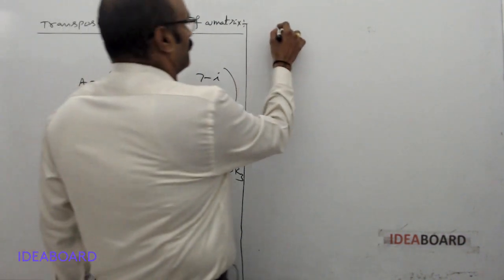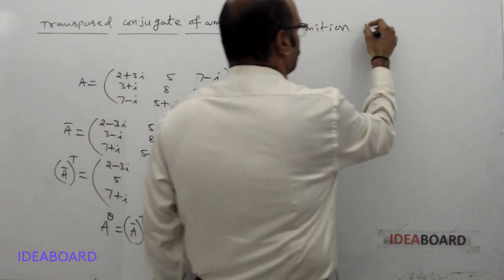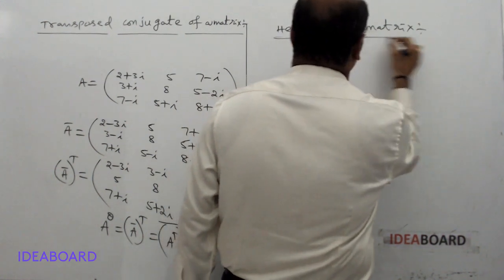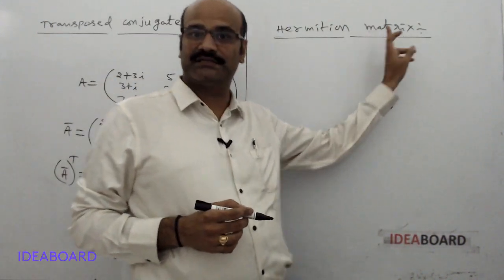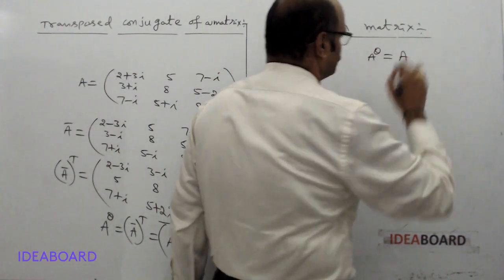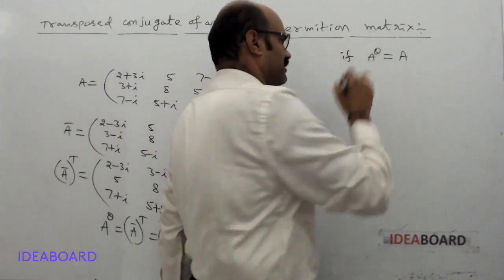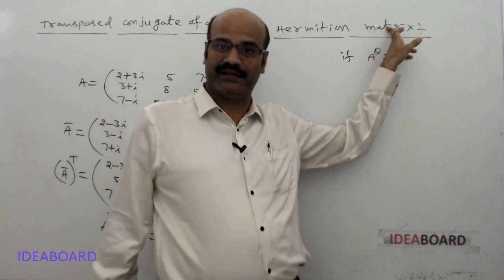Now, we have to discuss the Hermitian matrix. A square matrix A is said to be a Hermitian matrix if A power theta equal to A. If A power theta equal to A, then we say that that matrix is said to be a Hermitian matrix.